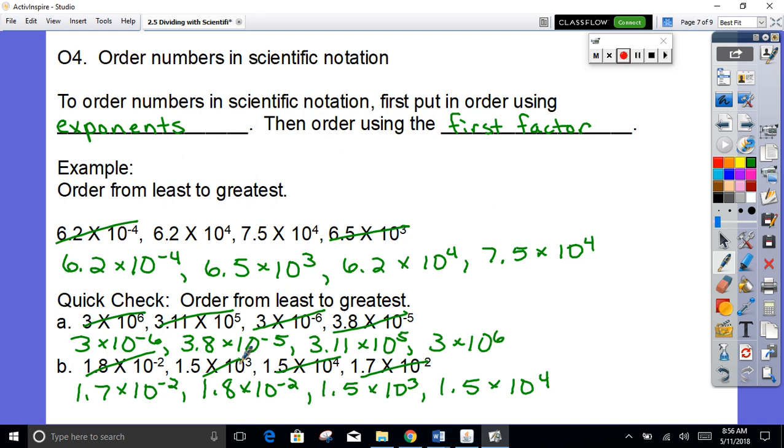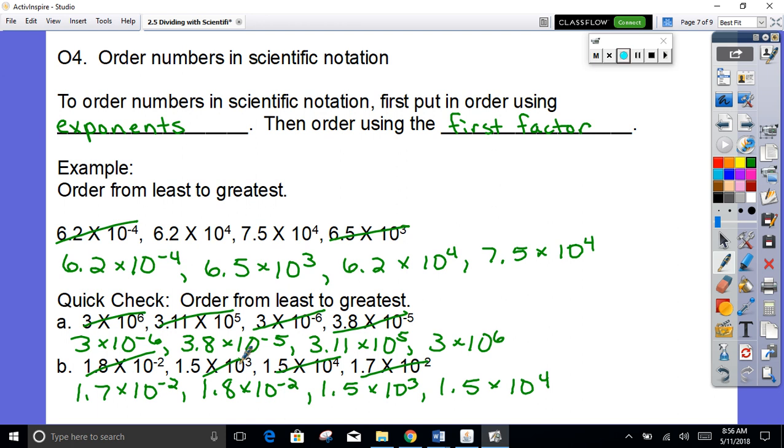The last one, 1.7. It's a negative number, it's not a point. That's why I hesitated for a second, so I was thinking, wait. Those aren't negative numbers, the negative exponent.